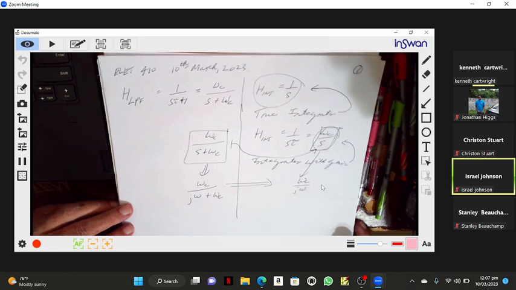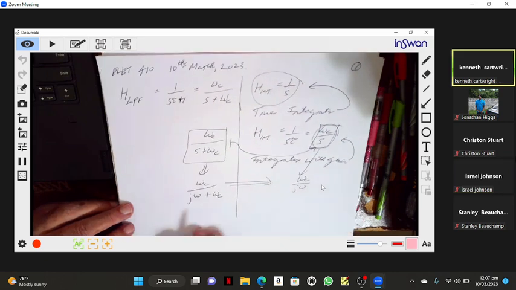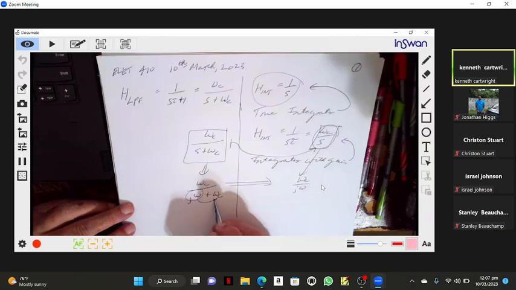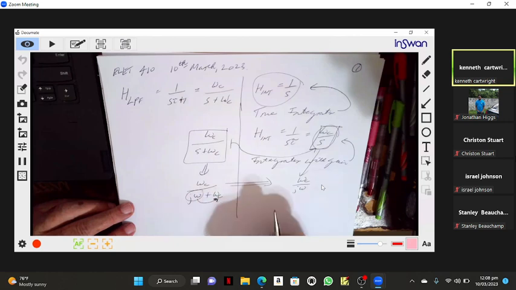We're making progress. We can't remove omega C. What can we do to make this term a lot bigger than that term? What can we do? Because if this term is a lot bigger than that term, then this bottom is approximately this bottom. What do we do to make this term approximately this term?